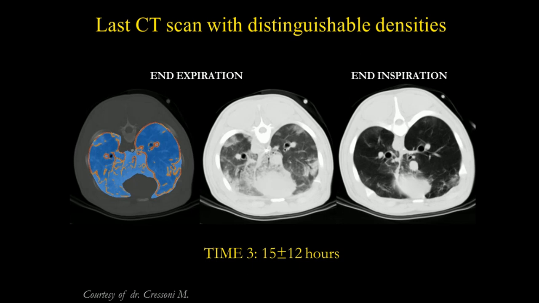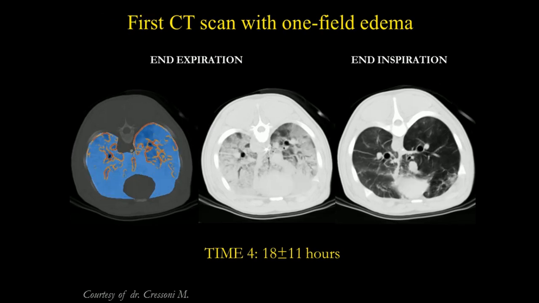This becomes this inhomogeneity which multiplies even the pressure. But look at end inspiration, everything is gone. Then at 18 hours, some lung field is completely white. That means completely edematous. And at end inspiration, we regain completely the aeration.